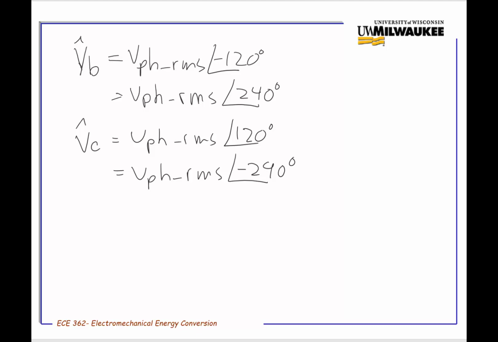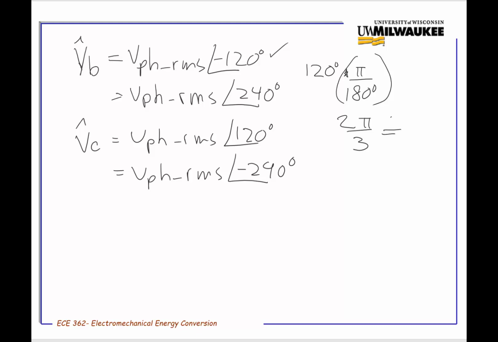Notice also that I'm writing these in degrees, not radians. So to convert from degrees to radians, let's say I've got 120 degrees. Pi radians is the same as 180 degrees. So here's a conversion over to radians. What I'm going to end up with is 2 pi thirds.